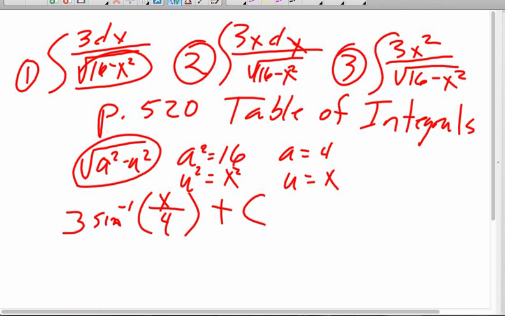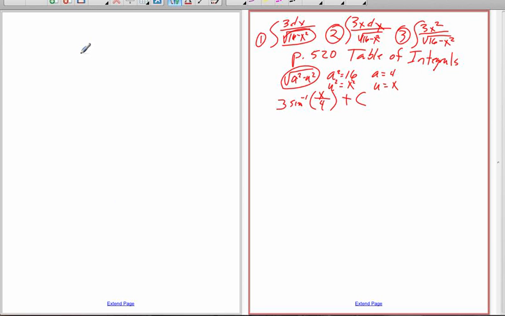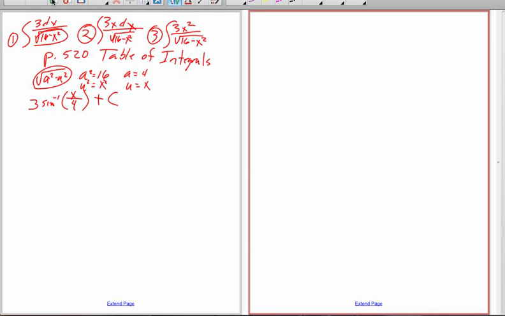All right, let's take a look at another one then. Let's take a look at number 2 that I've got. So what I have on number 2 is 3 times the integral of x dx over the square root of 16 minus x squared.